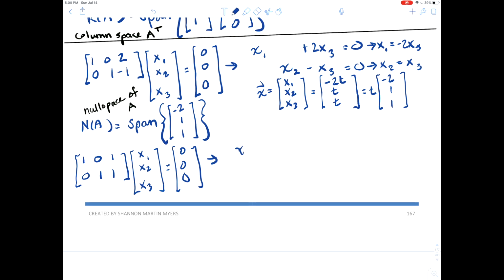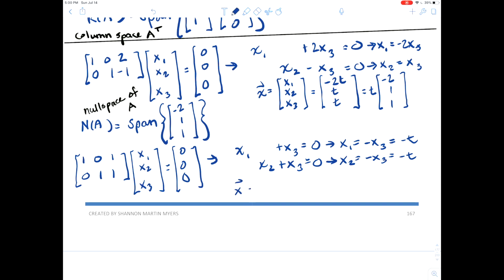We'll get x1 plus x3 is equal to 0, and x2 plus x3 is 0. So x1 equals negative x3, and again we'll name x3 t, and x2 equals negative x3 equals negative t.